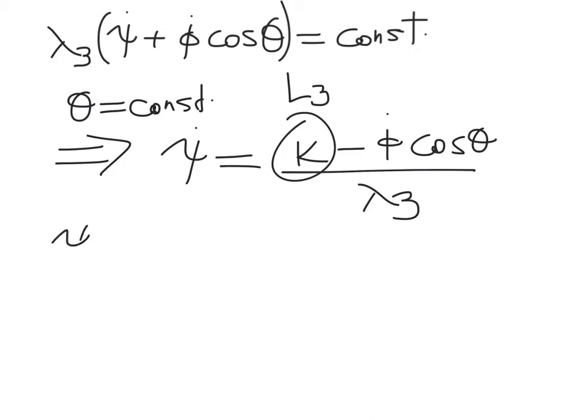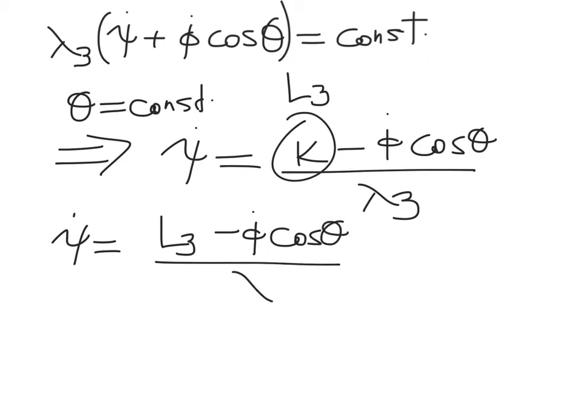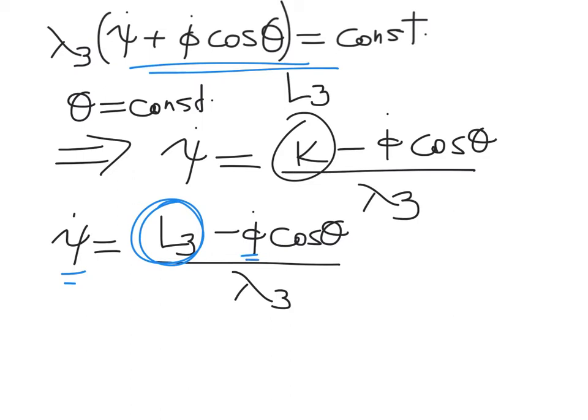And so psi dot is going to turn out to be just the angular momentum about the E3 axis, minus phi dot cos theta, over lambda 3. And remember, of course, this angular momentum is going to be a constant. We just worked that out up here. So this gives us an expression for psi dot in terms of phi dot and other constants.